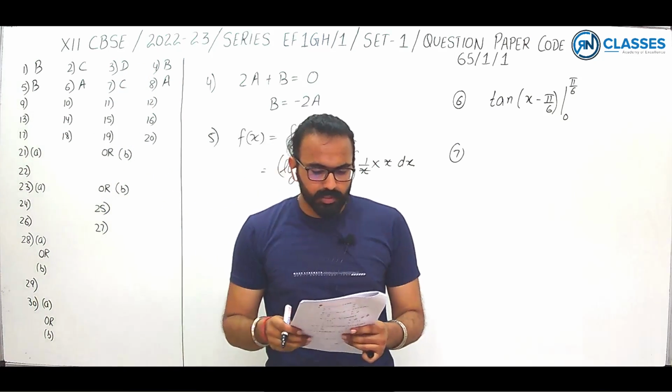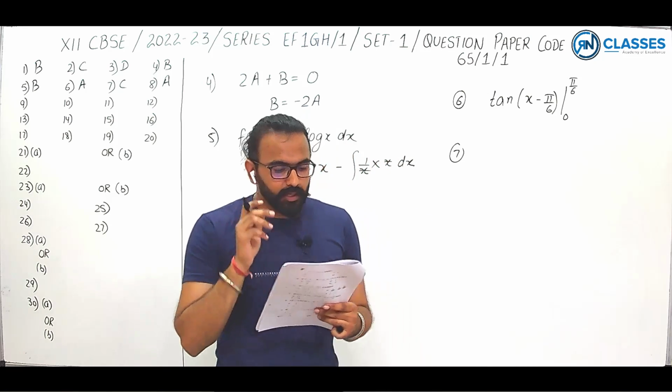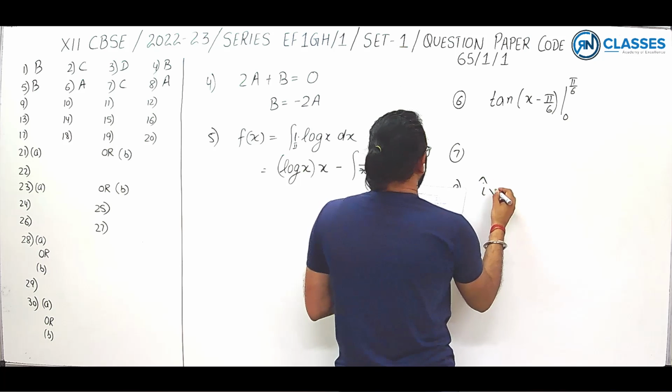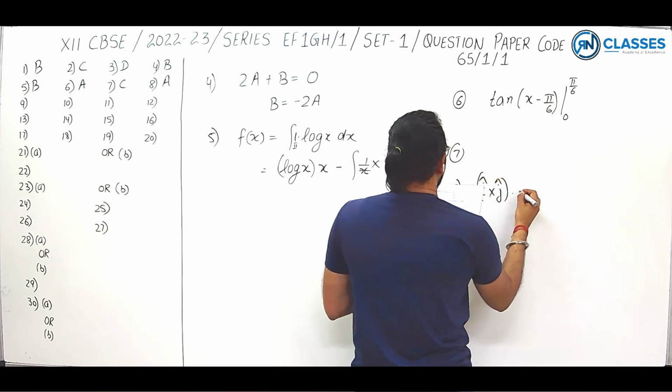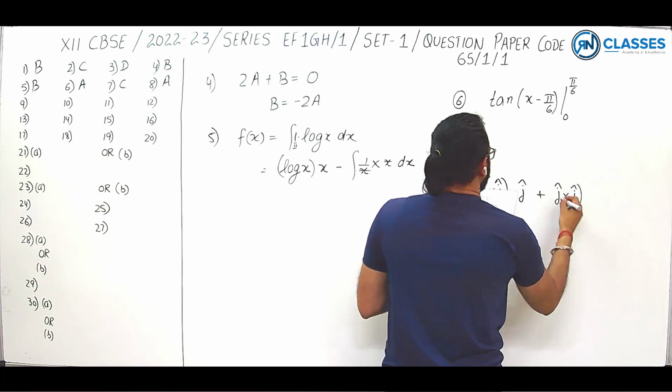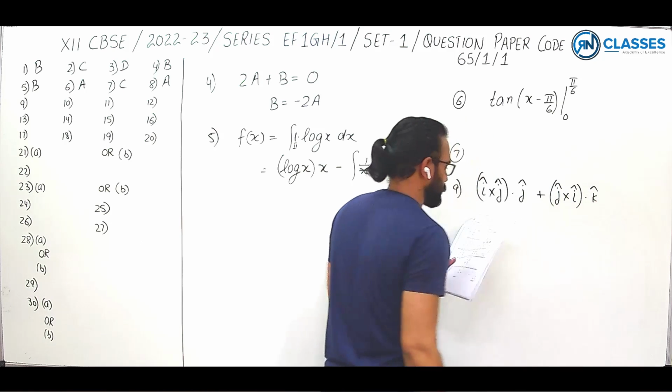Now passing on to question number 9, the value of this expression, which is i cap cross j cap dot j cap plus j cap cross i cap dot k cap.